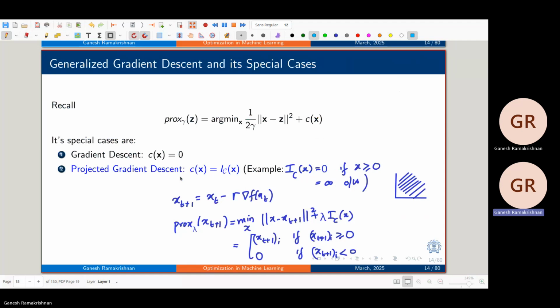Now, if you write down x_{t+1}, or x_{t+1} tilde if you want to call it, and then do a prox, you'll find that this will just turn out to be clipping. If it's less than 0, clip it to 0. We said it's intuitive, and that's what seems to be happening, but you can actually verify this. This step is going to be what you'll get.